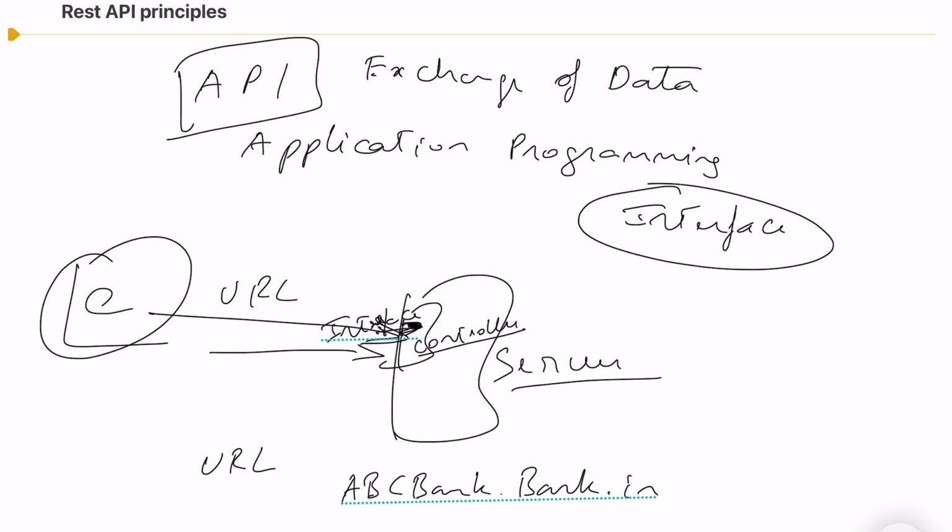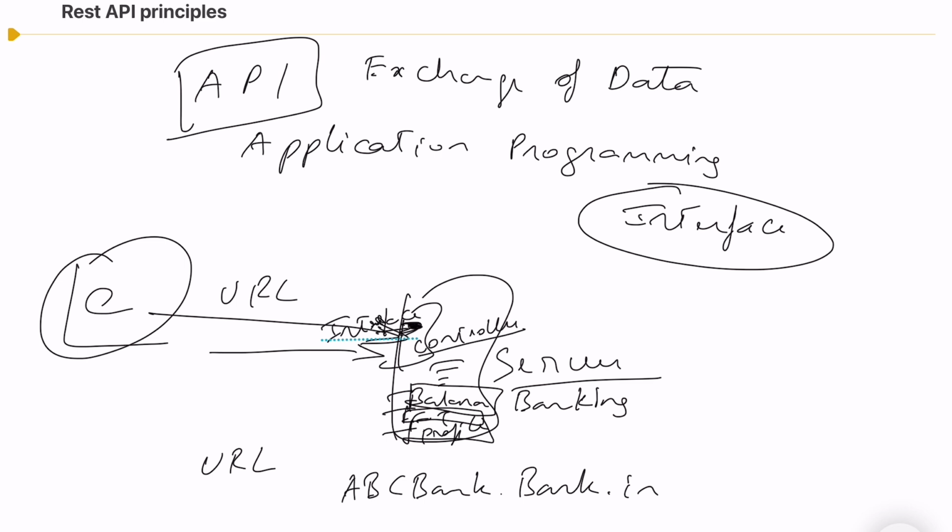Let's say it's hypothetically a banking server and it has a lot of services. For example, it can show you the balance, it can do a fund transfer, it can show you your profile, right? So how do you differentiate between all these? And these all must have some interface, your API interface to respond, right?